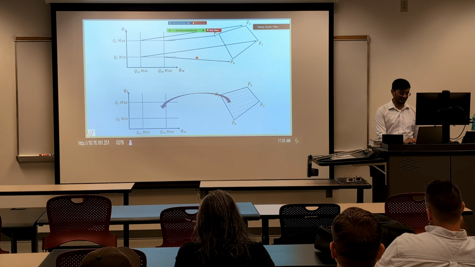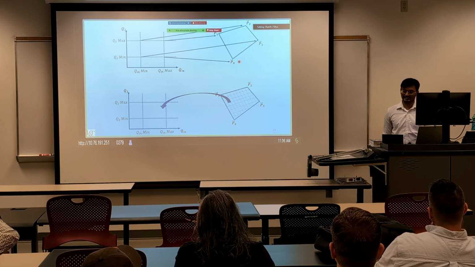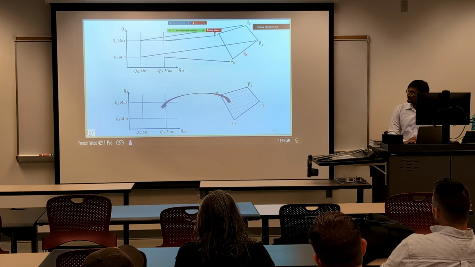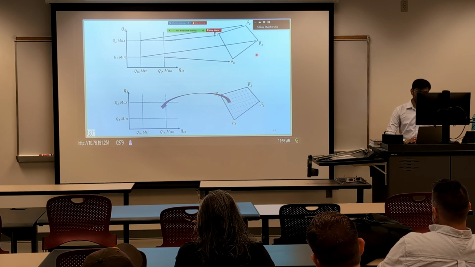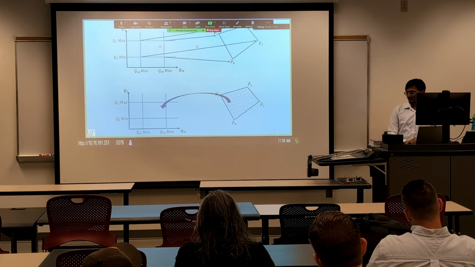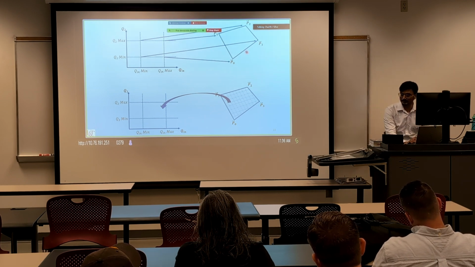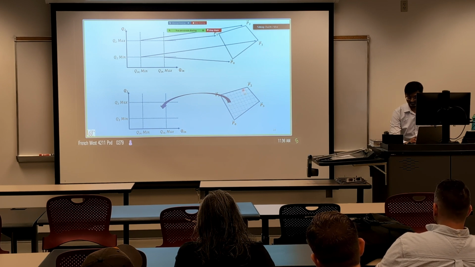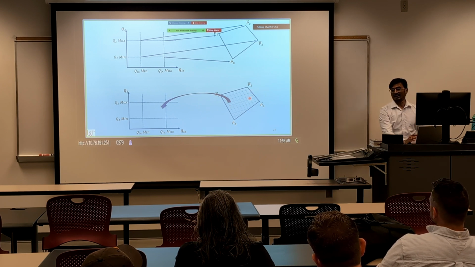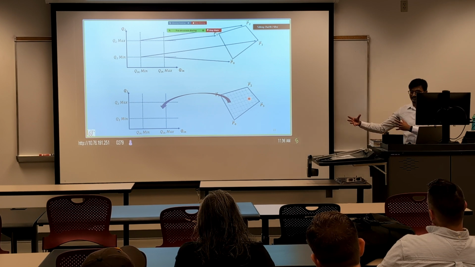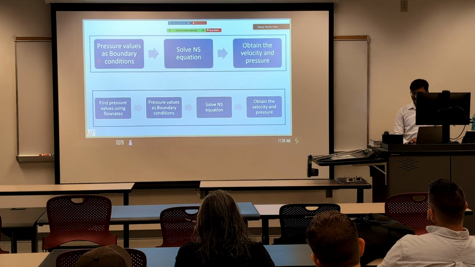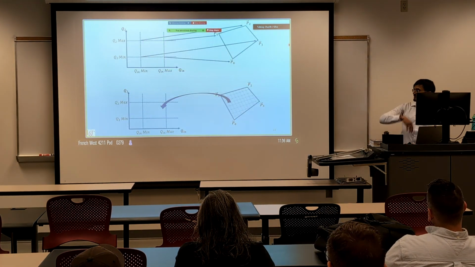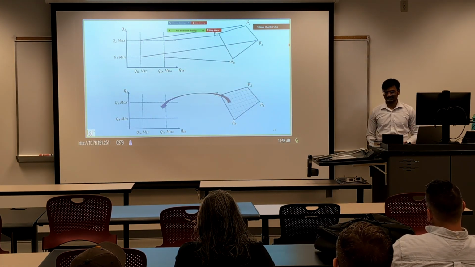But we have a lot of flow rate values we have to deal with. Then we discretize this plane. So this is the pressure plane and this is the flow rate plane. So we discretize this pressure plane and we get values in this pressure plane. And once we have pressure values, you can directly use this first technique to solve the Navier-Stokes equation and back calculate the flow rate.